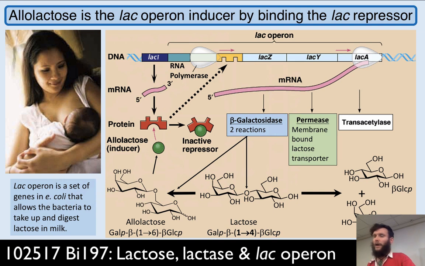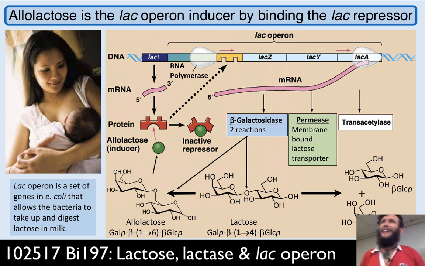And this bacterial DNA is broken up into operational units called operons. An operon is a set of genes, the gene products of which, the proteins that are made by them, have a concerted function, a unified function.